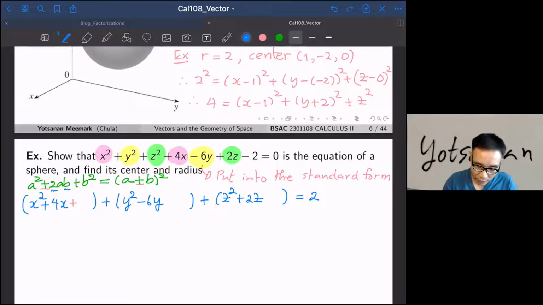So in this case, you're going to have 4 over 2 squared, 6 over 2 squared, and 2 over 2 squared.